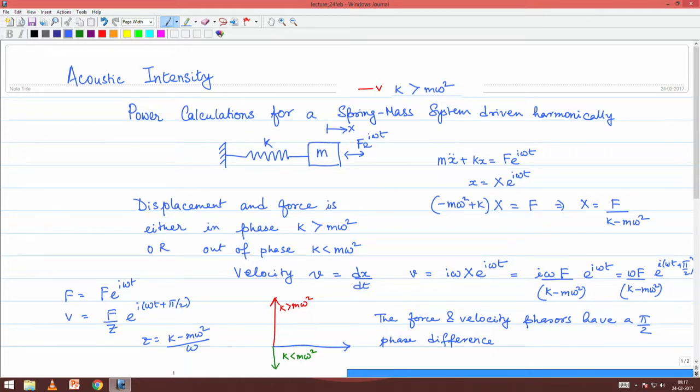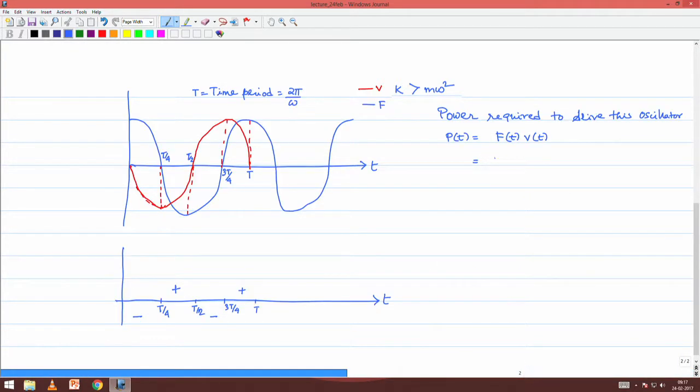The real part of this is essentially what we are going to track. The real part of the force will be f cos omega t, and the real part of the velocity will be f by Z cos of omega t plus pi by 2, right, and that gives us f square by Z cos omega t into cos of omega t plus pi by 2, right.